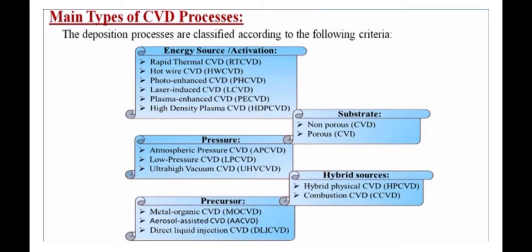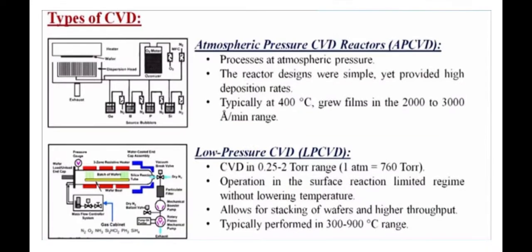Next is called types of CVD. Now we'll go into a little more detail about the different types of CVD. First is the atmospheric pressure CVD reactors, APCVD in short.